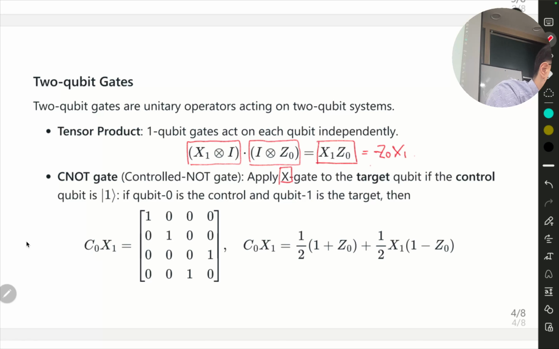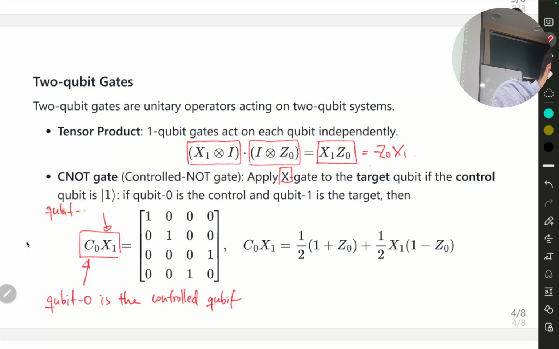We represent the CNOT gate as C0X1, meaning that qubit 0 is the control qubit, and X1 means that qubit 1 is the target.